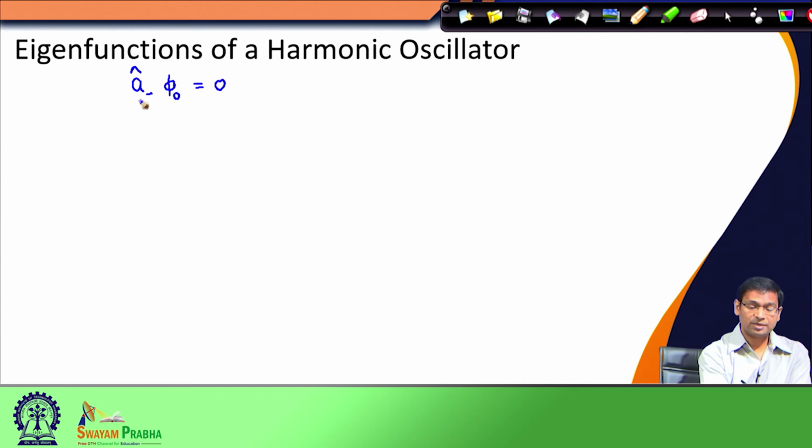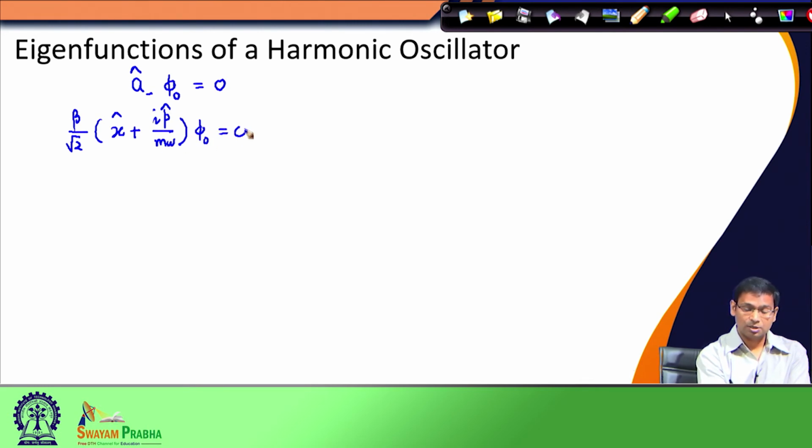If you remember, we defined our a minus operator, the step down operator, as beta by root 2 times x plus i p by m omega, acting on phi 0. This is the definition of the a minus operator in terms of x and p, the position and momentum operators.